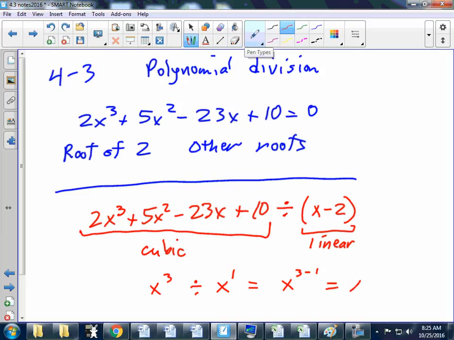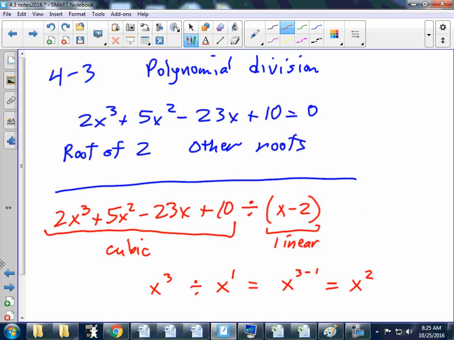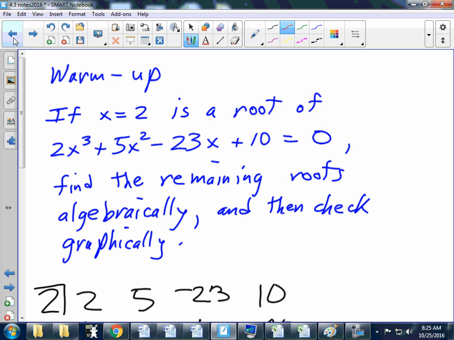So if you go a cubic divided by a linear, you had better get a quadratic. And that's important. And we did, in fact, get a quadratic here when Joel did that.